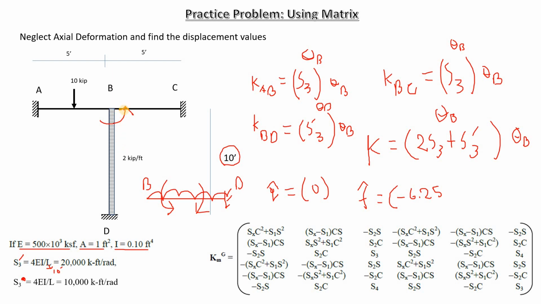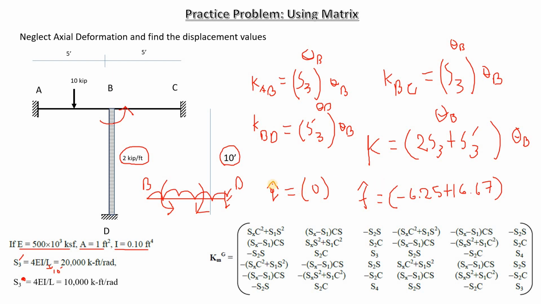So if we are getting an anti-clockwise moment here, meaning that is a positive value, and WL squared by 12 comes out to be 16.67 because the W value is 2 and the L value is 10. Since it is anti-clockwise, according to our sign convention, this is going to be positive. So we write a positive value, which is plus 16.67.